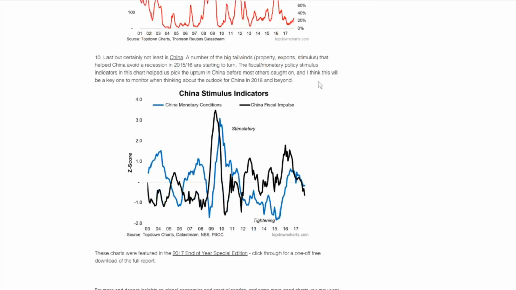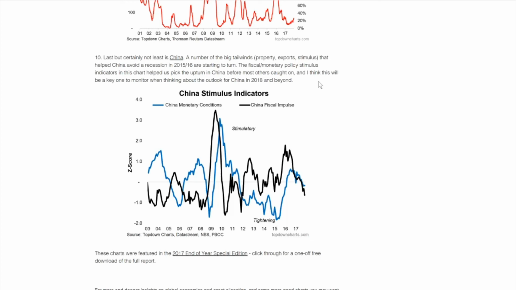And this here is a very useful chart that has served us very well. In the blue line there, you've got monetary conditions, combining a few factors such as the real effective exchange rate, that's level and rate of change, loan growth, and real interest rates.